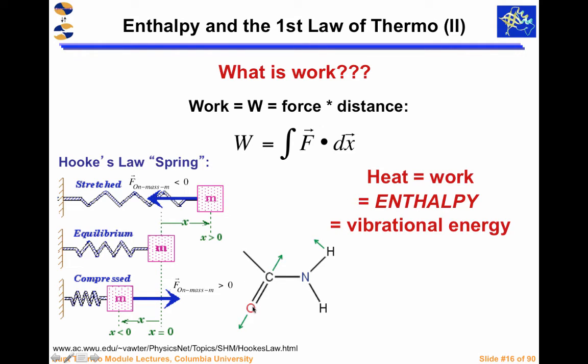But if you move the oxygen a bit towards the carbon, although the underlying physics involves rather complicated quantum mechanical things, it is well approximated by a simple Hooke's law force, where the effective force pushing the oxygen away from the carbon, if you compress this bond, is linearly proportional to the distance of displacement. And similarly, the effective force pulling the oxygen back to its equilibrium position is linearly proportional to the distance of displacement from the equilibrium position.